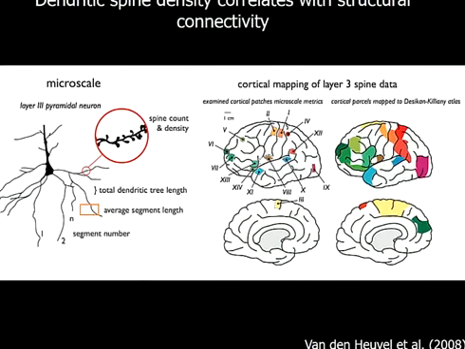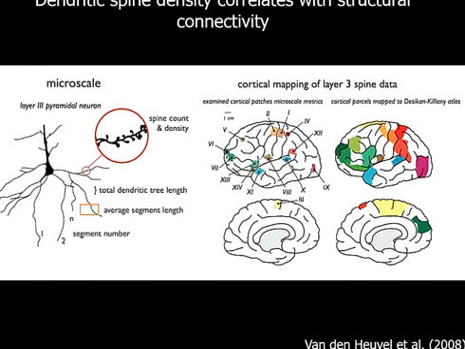There are also strong correlations between dendritic spine density and structural connectivity. In this case, they didn't have these data for every brain region, so there are a couple of caveats with this study as well.